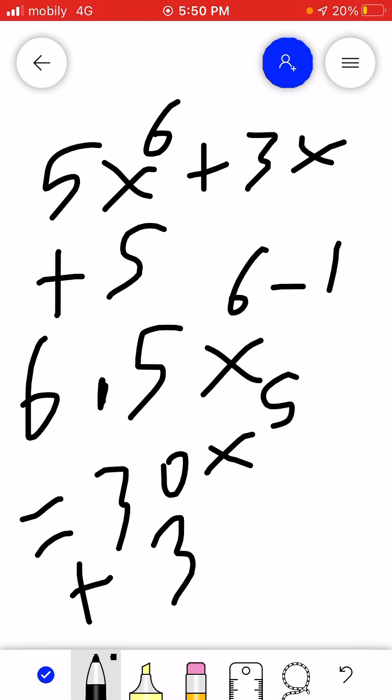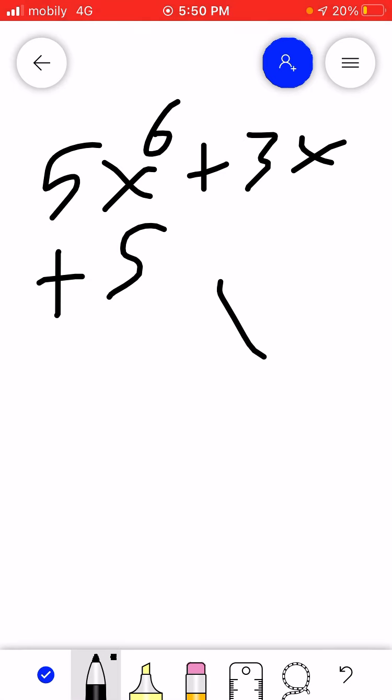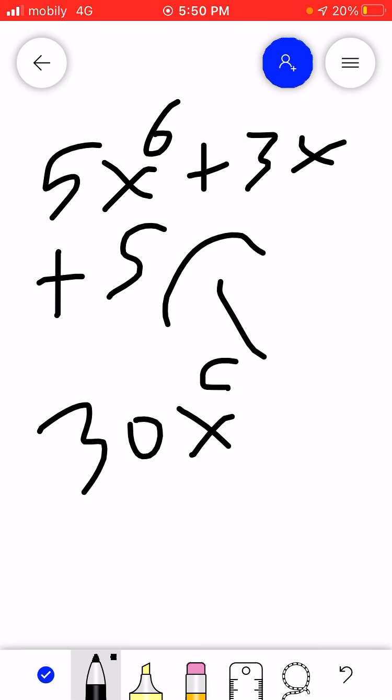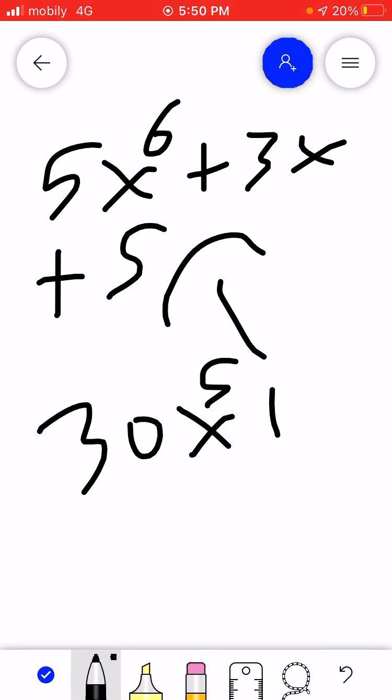So plus 3, and then 5, there is no power, so it's plus 0. So the derivative of this one using the power rule is basically 30x to the 5 plus 3. This is how we find the derivative using the power rule.